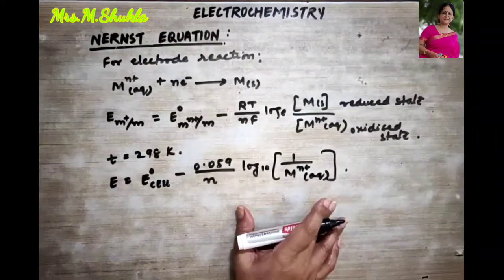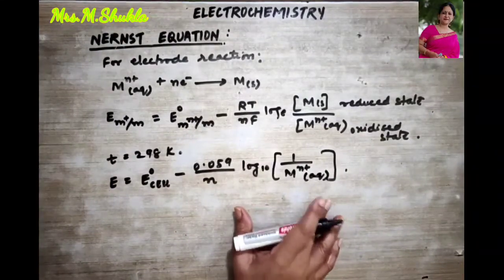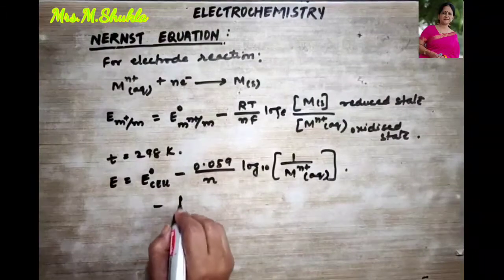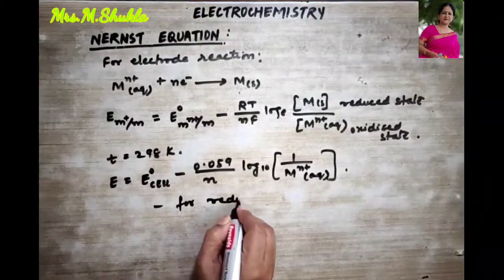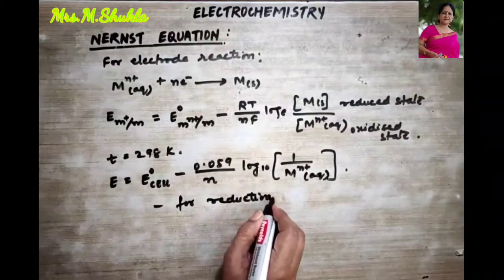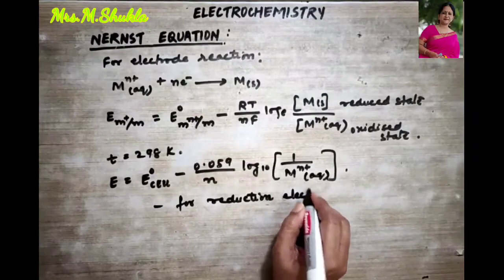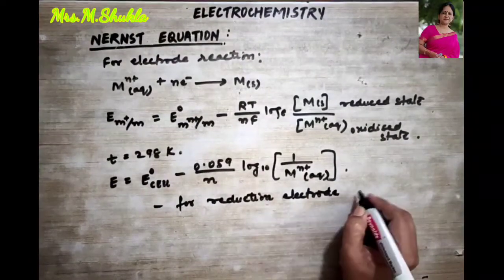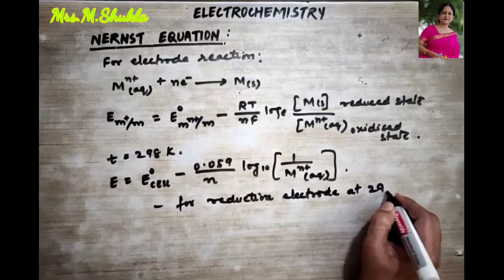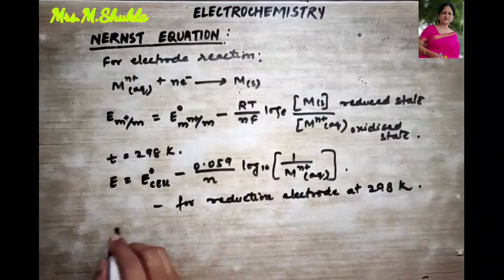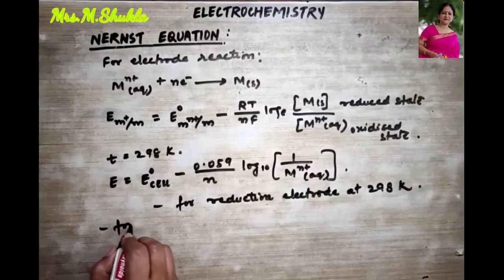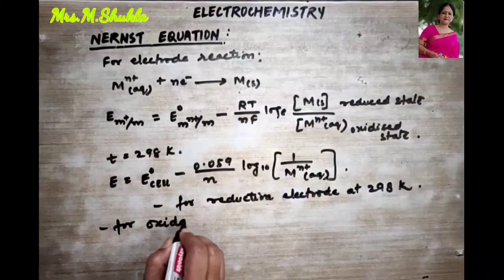So this is for a reduction electrode at 298 Kelvin, right?